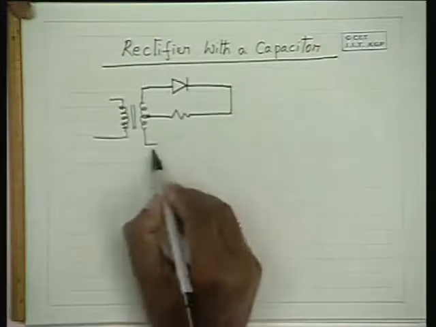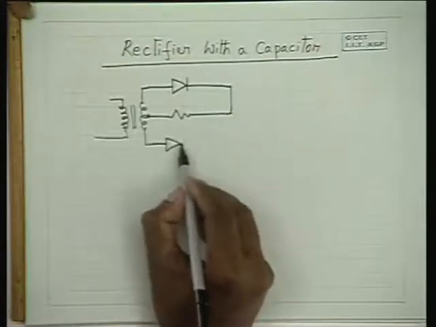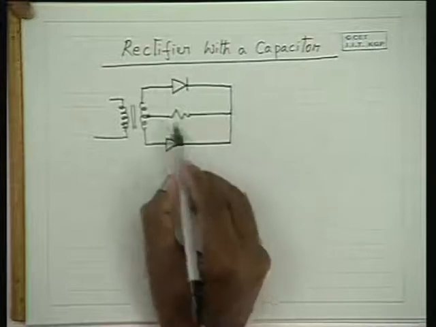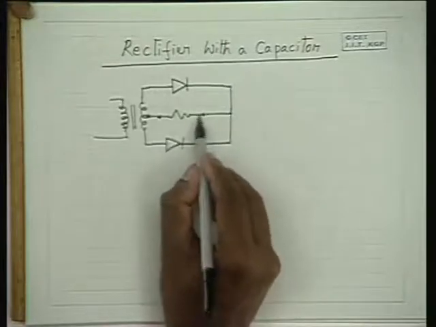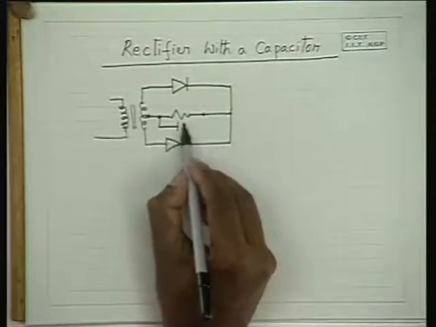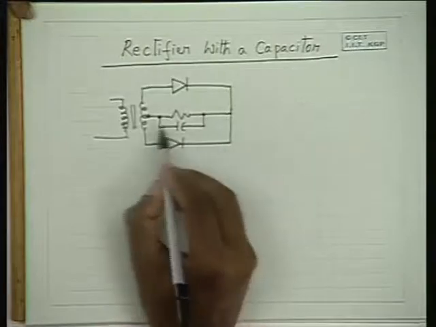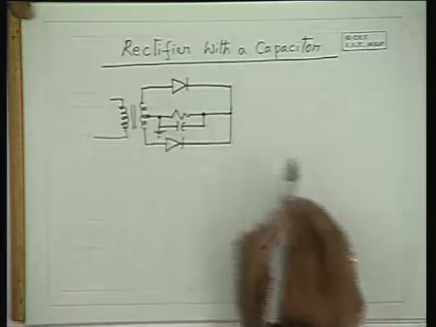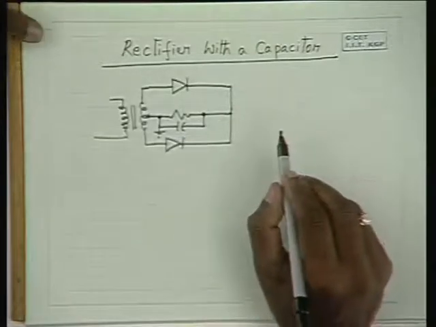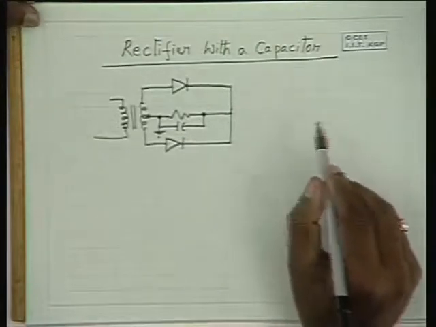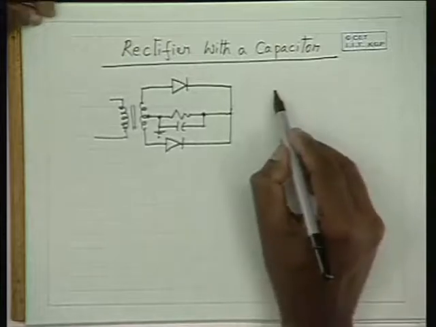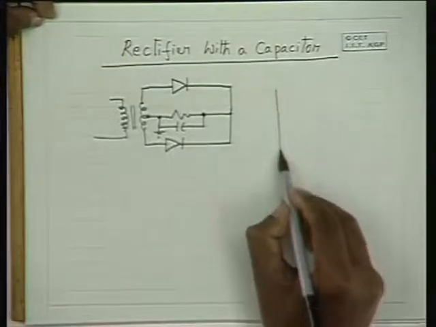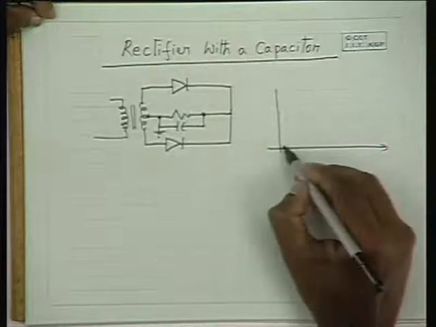Here we have the load, and here we have the other rectifier. Now, across the load, if you connect a capacitor, you will find that the ripple factor is considerably improved. The kind of waveform we get at the output of the load is like this.